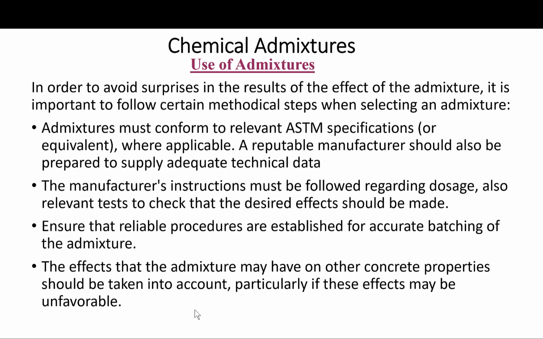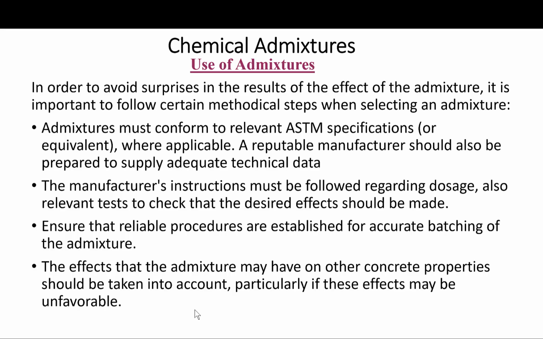Third, the physical properties of the material should be listed clearly on the material data sheet. Fourth, the concentration of the active ingredient of that material should be clearly stated. Number 5, the presence of any potentially detrimental substances such as chlorides, sulfates, sulfides, nitrates, or ammonia, all that should be listed.